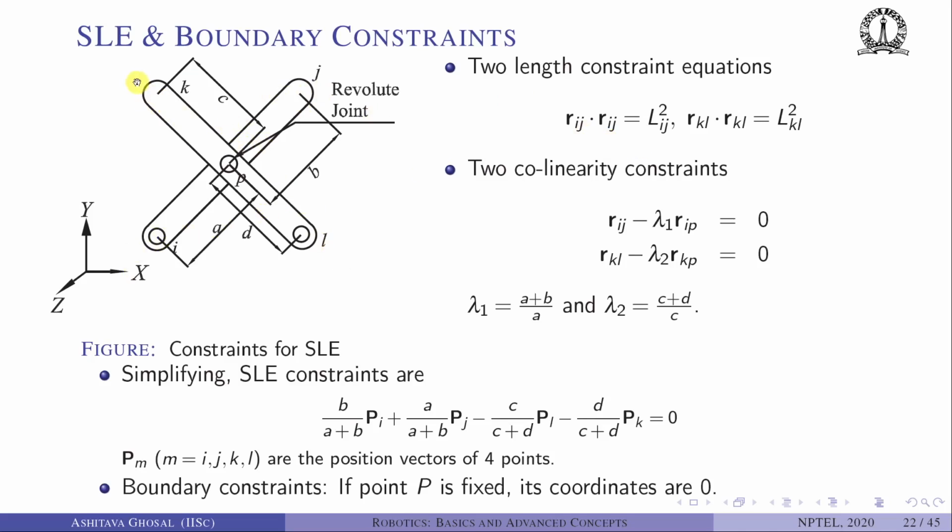Similarly, this link length will remain constant between K and L, is Lk square. Also, this point and this point are lying on a straight line always. So Rij will be lambda 1 into Rip, and Rkl will be lambda 2 into Rkp. Okay, this is 3 collinear points.